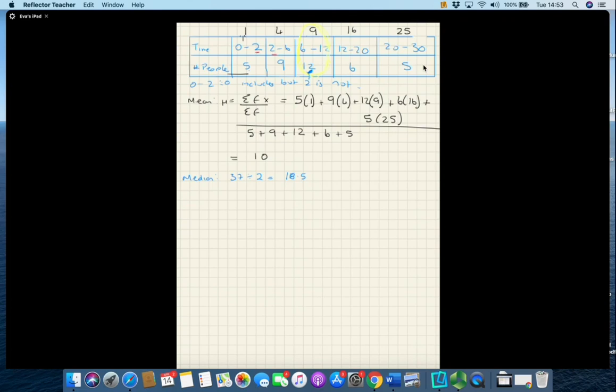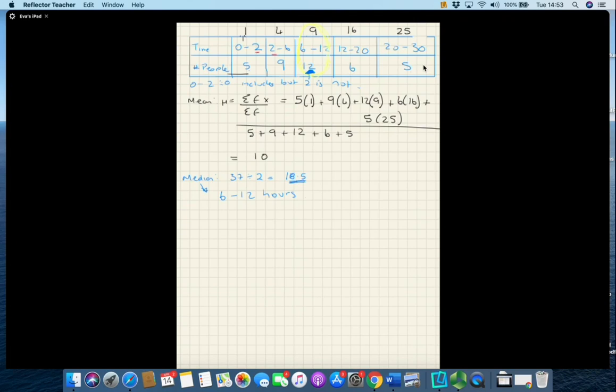Or if I come from the other side, 5 and 6 is 11, and if I add on 18, 29 people. So it's halfway is in here. Okay, so the class interval where the median lies is 6 to 12 hours. That's where the 19th person would lie.